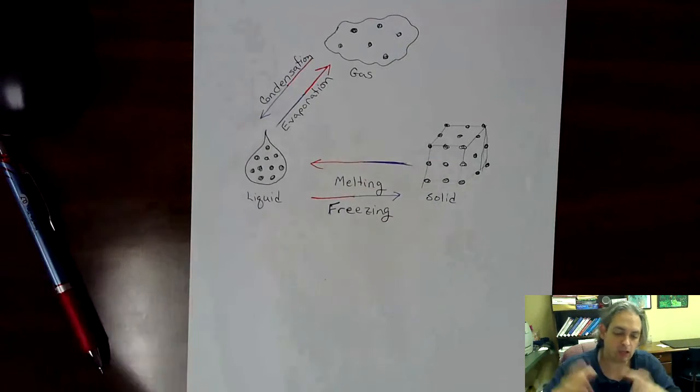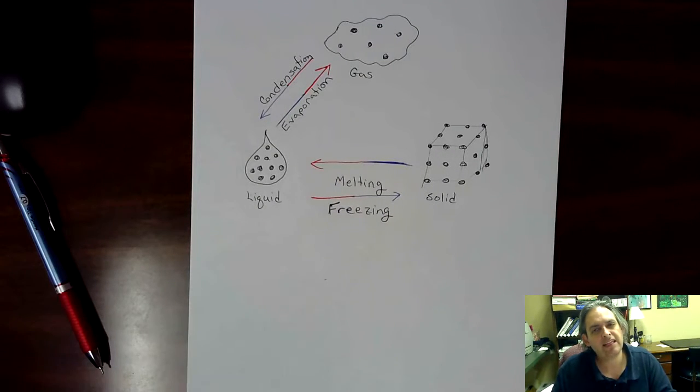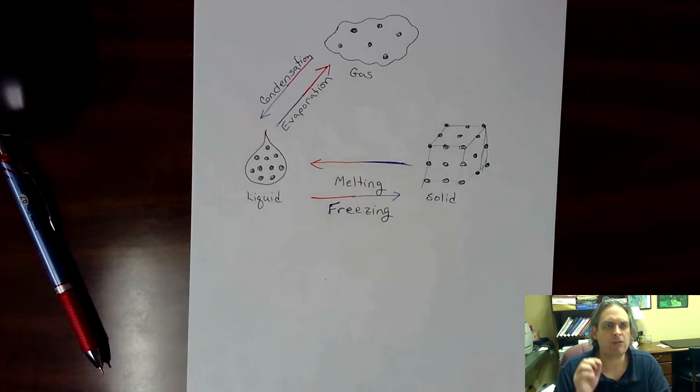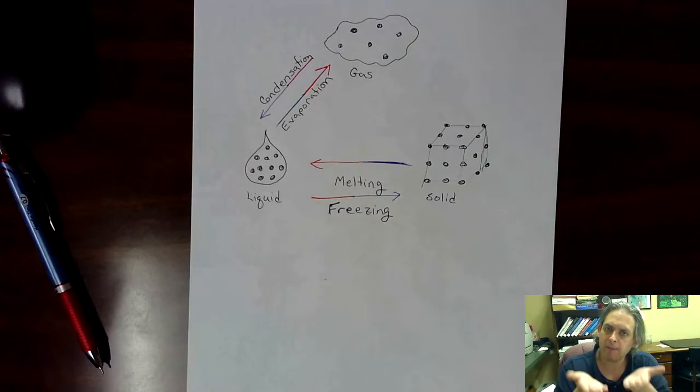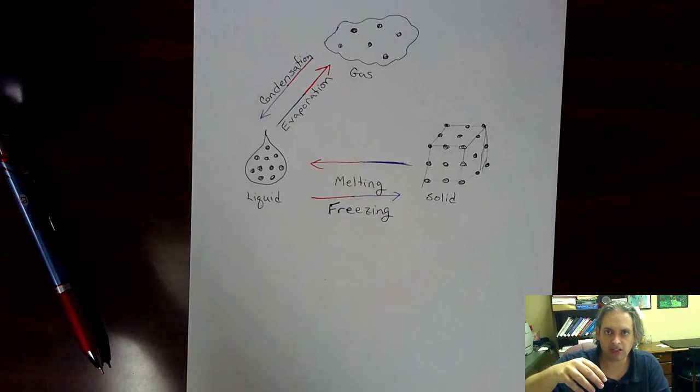Now, if we had a closed container, that doesn't really happen. You see that a lot of times in the summer when you have a water bottle sitting outside, maybe half full or 3/4 full, and over time you end up seeing droplets of water on the inside. What's happening there is the water is evaporating, but it doesn't have anywhere to go because we have closed off the container.